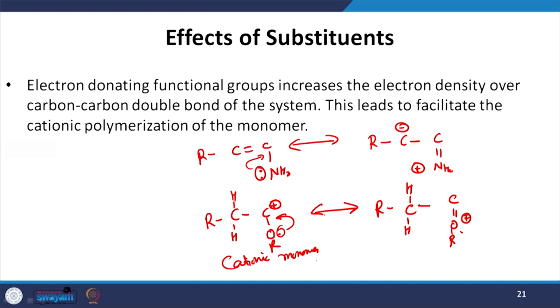Now, the functional group allows the delocalization of charge. Therefore, it stabilizes the cationic propagating species by resonance.